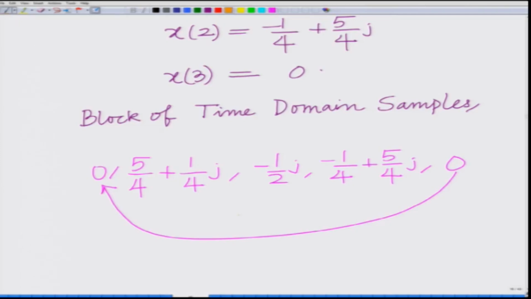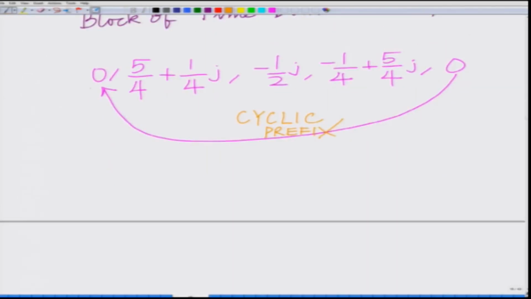Remember, this is basically adding the cyclic prefix, and this is the block that is transmitted. This is the cyclic prefix added block.